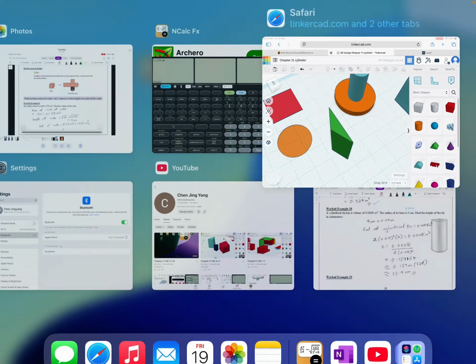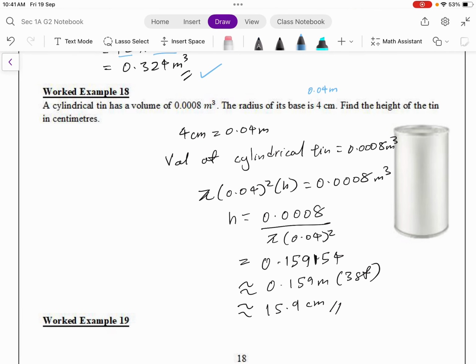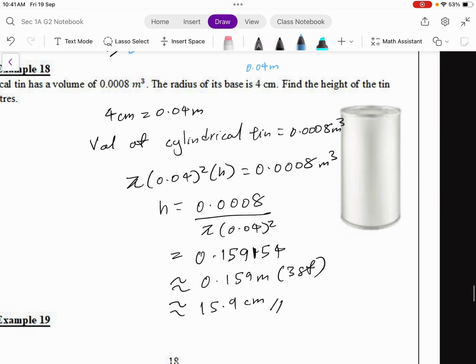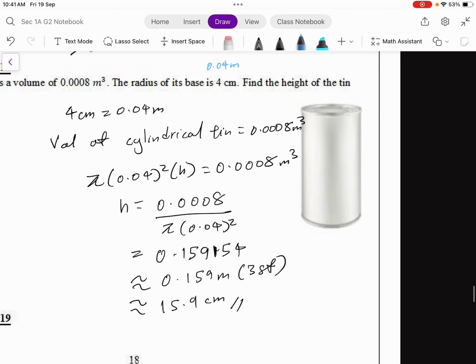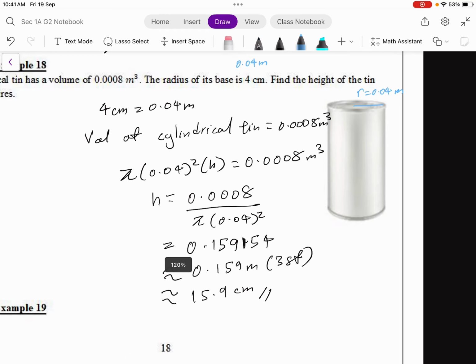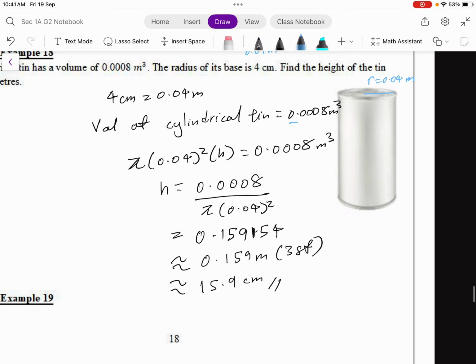Okay, so the base area for cylinder is a circle. So we just need to find, we know that the radius here is 0.04 meter. We know the volume of the cylindrical tin is 0.0008 meter cube. So this is area of circle.